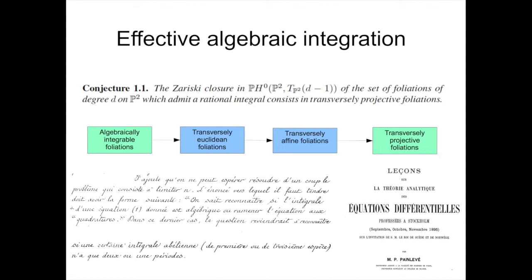They are either transversely affine, which are already described by the result with Cousin, or they are pullbacks of Riccati foliations, or they are something that we call Hilbert modular foliations.